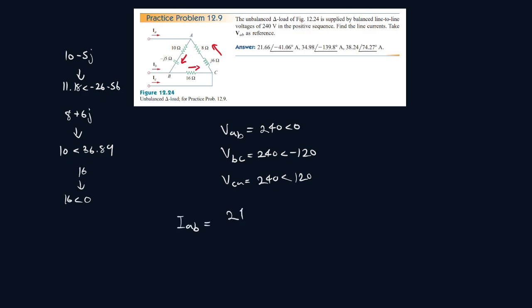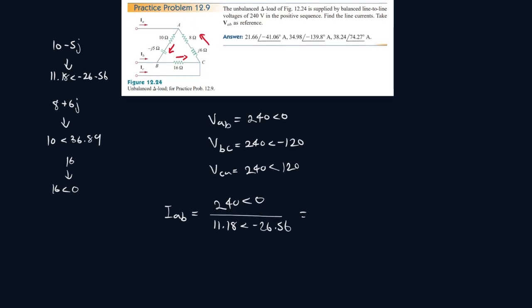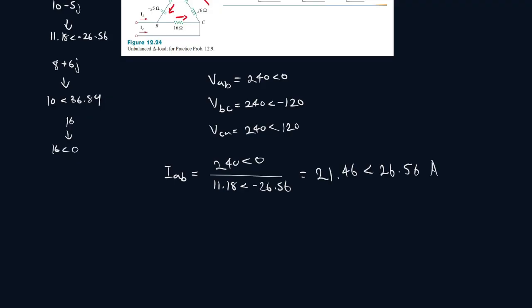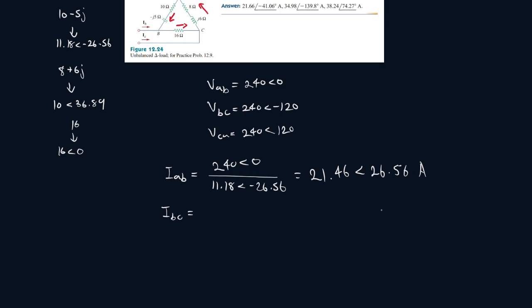IAB will be 240 phasor 0 over 11.18 phasor minus 26.56, and that gives me 21.46 phasor 26.56 amperes. Now IBC will be 240 phasor minus 120 over 16, and that's 15 phasor minus 120.